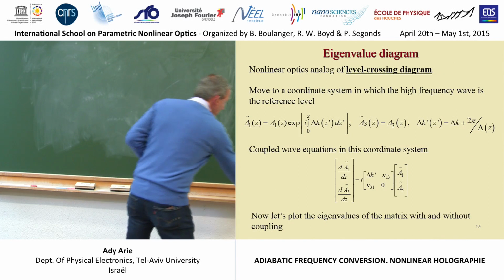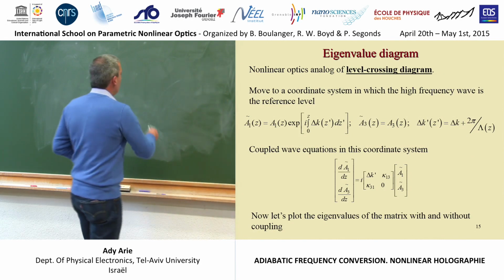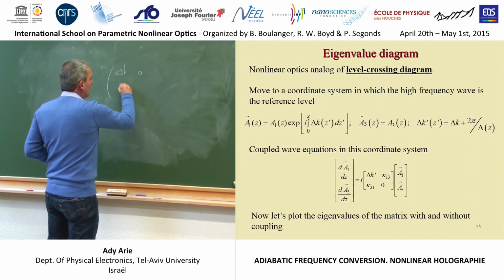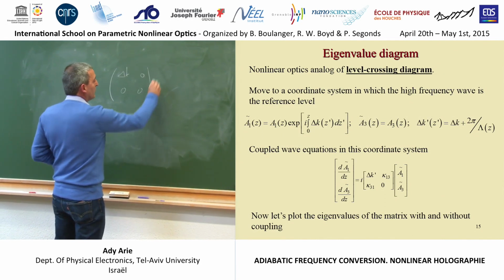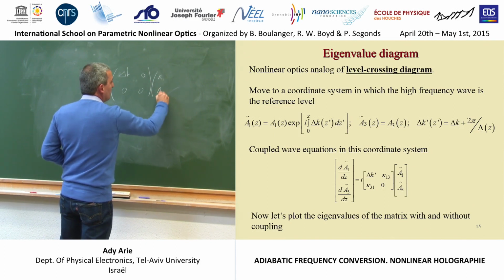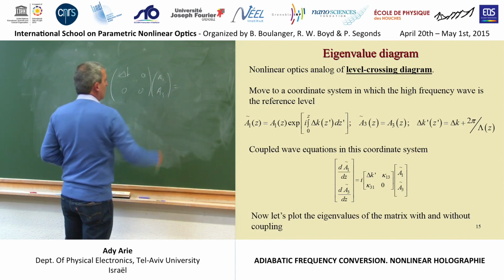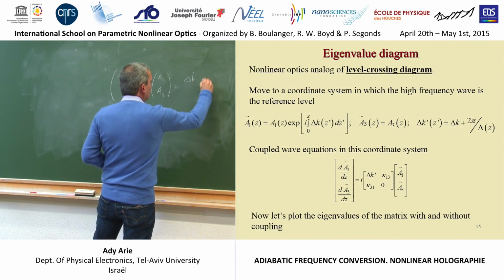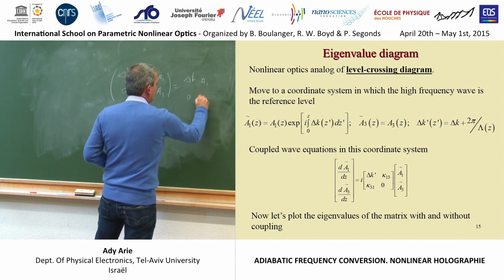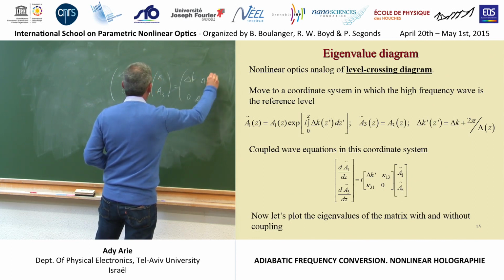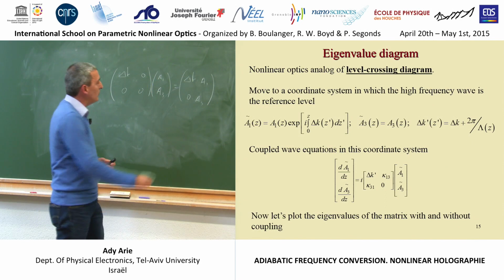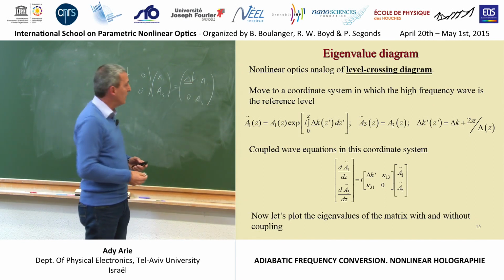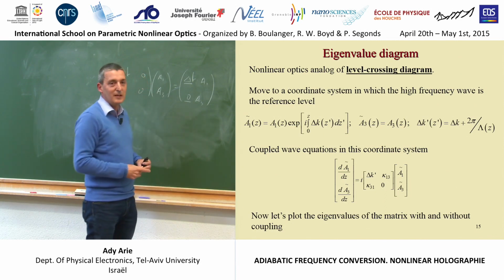When there is no coupling, it's very simple, because what we have is just delta k, 0, 0, 0 times A1, A3. So what we have is delta k times A1, and I can write it this way, 0 times A3. This means that delta k is one eigenvalue, and 0 is the other eigenvalue.